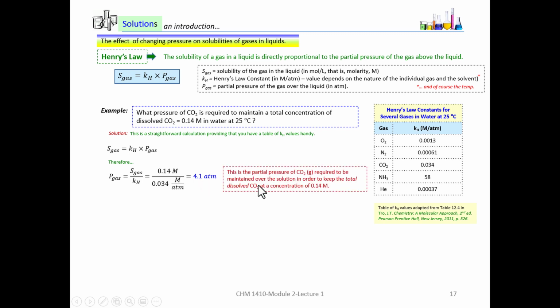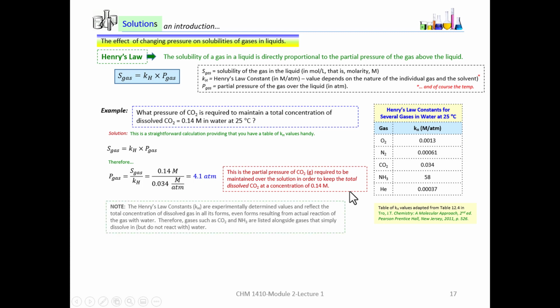So this would be the partial pressure of carbon dioxide required to be maintained over the solution in order to keep the total dissolved carbon dioxide at a concentration of 0.14 molar. Now, just as an aside here, molarity was covered as a concentration unit in General Chemistry 1. We'll cover it again in this module along with some other concentration units.